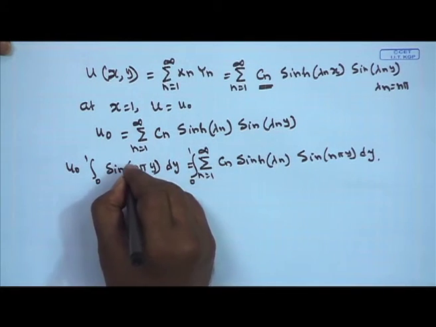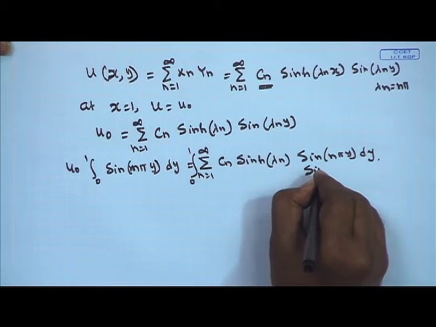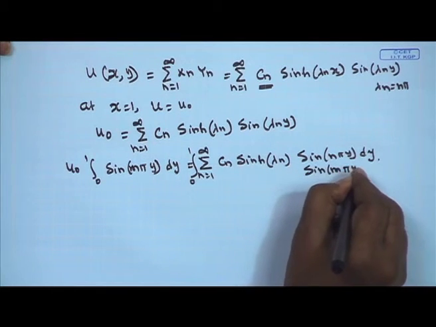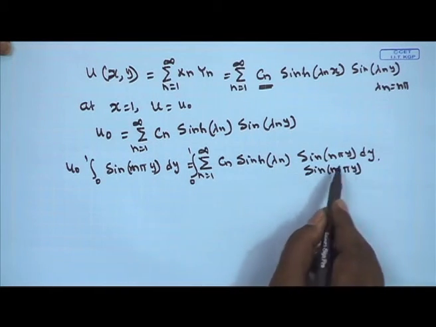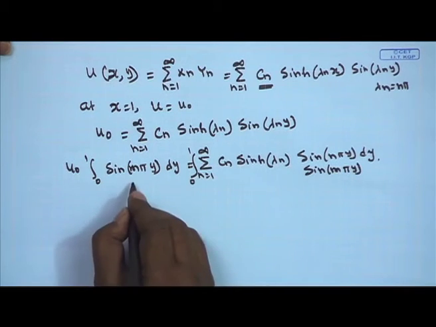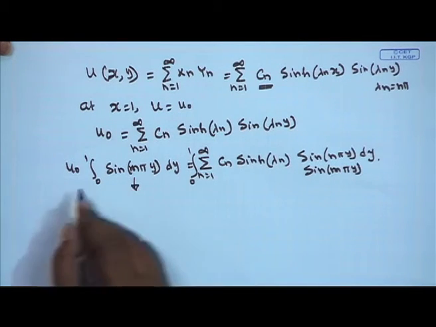So, we multiply both sides by sin m pi y, and all the terms will vanish except m equal to n, and then we change the running coefficient m into n.